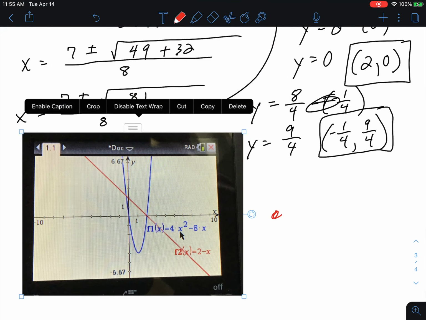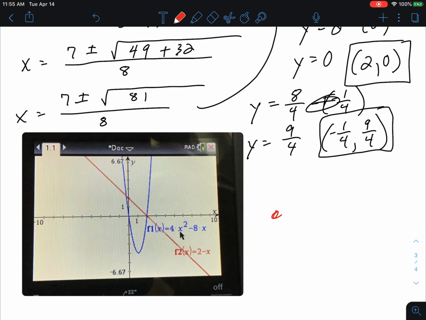My pen is not working on the graph. There it is. 2, 0 right there. Okay, and then our other point, which would be negative 1/4, 9/4. 9/4 is obviously just a little bit more than 2. And there you go, right there would be the second point of intersection.